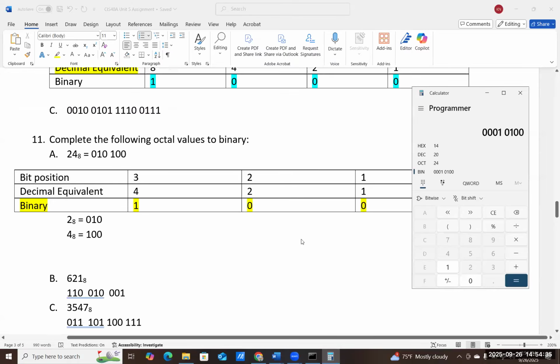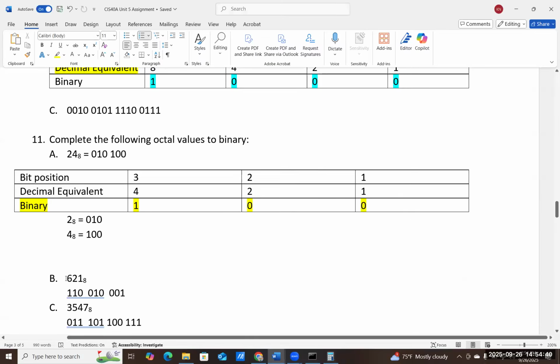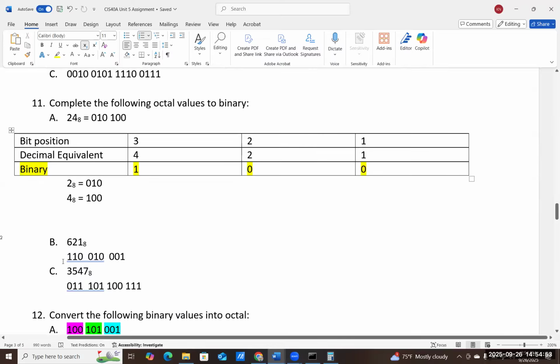So you can try, I think I saw for B. You take a 6, that's going to be 1, 1, 0 because it's 2 plus 4, because there's only 1, 2, 4. 2 plus 4 is going to give us a 6. So that's 1, 1, 0. And then the 2 here is on, so 0, 1, 0. We solved it in the last one, and then the 1 is 0, 0, 1.